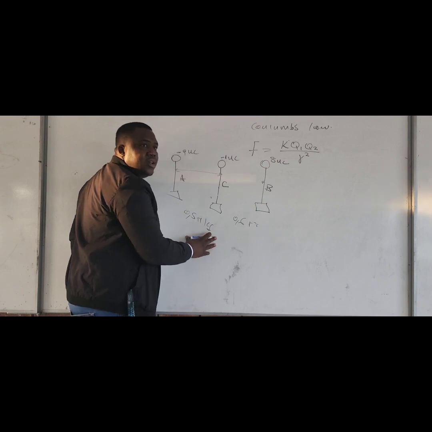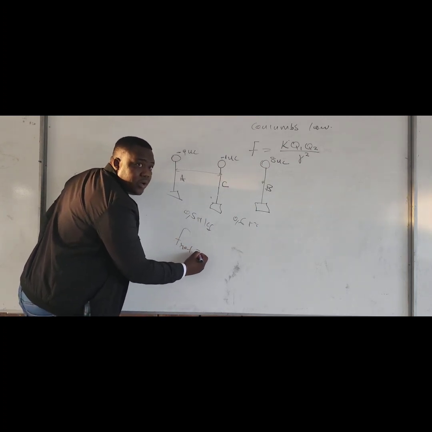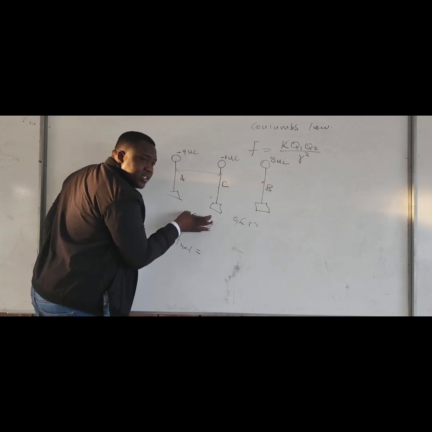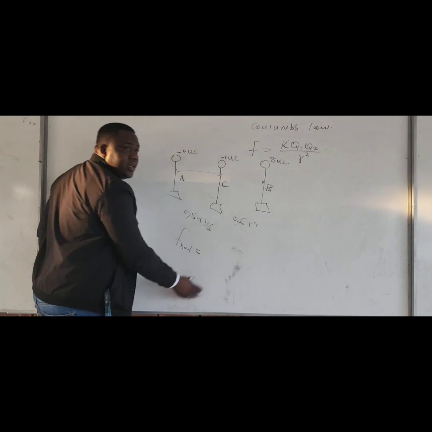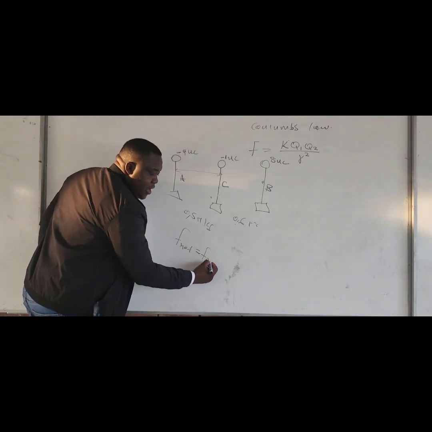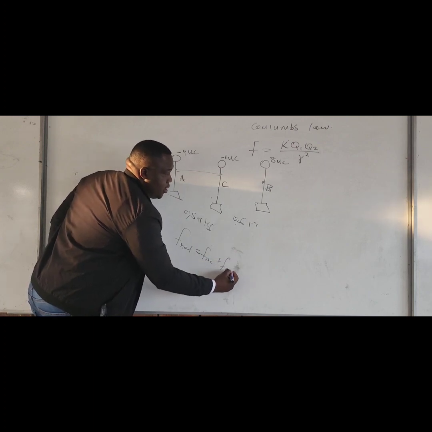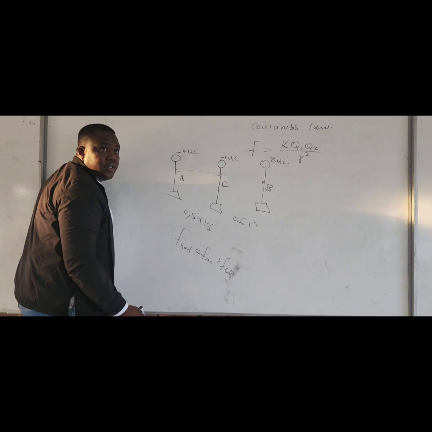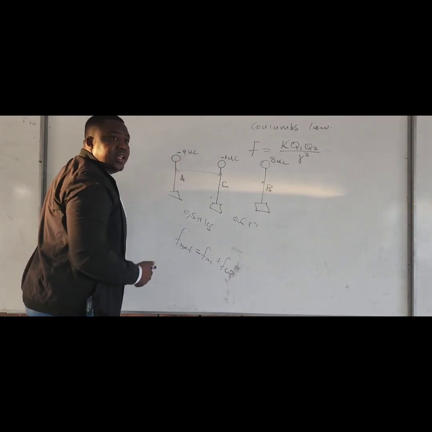Then, to get F net, you add this electrostatic force and this electrostatic force. It means you get the electrostatic force for AC plus the electrostatic force for CB. Then you sum them, and you have got the net electrostatic force.